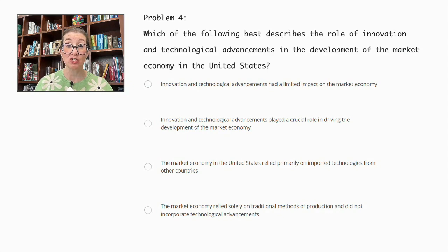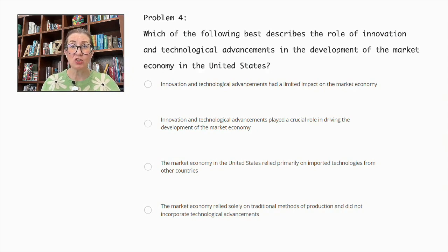Innovation and technological advancements played a crucial role in driving the development of the market economy. The market economy in the United States relied primarily on imported technologies from other countries, or the market economy relied solely on traditional methods of production and did not incorporate technological advancements.